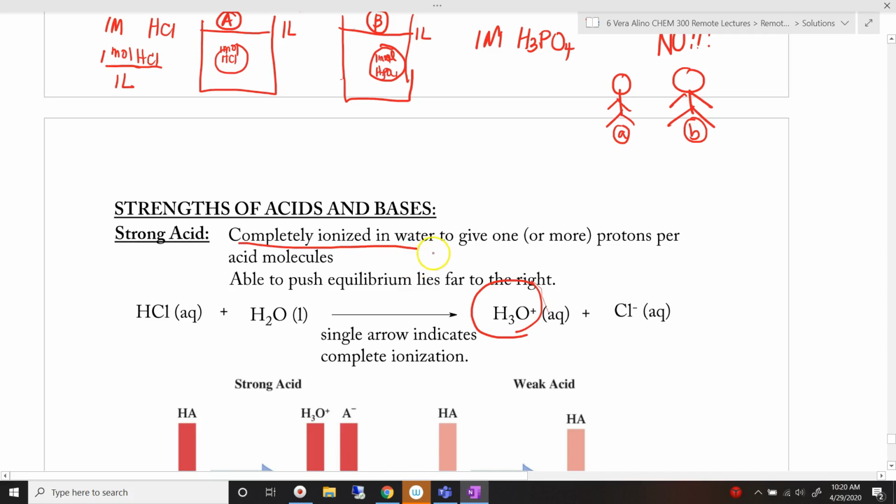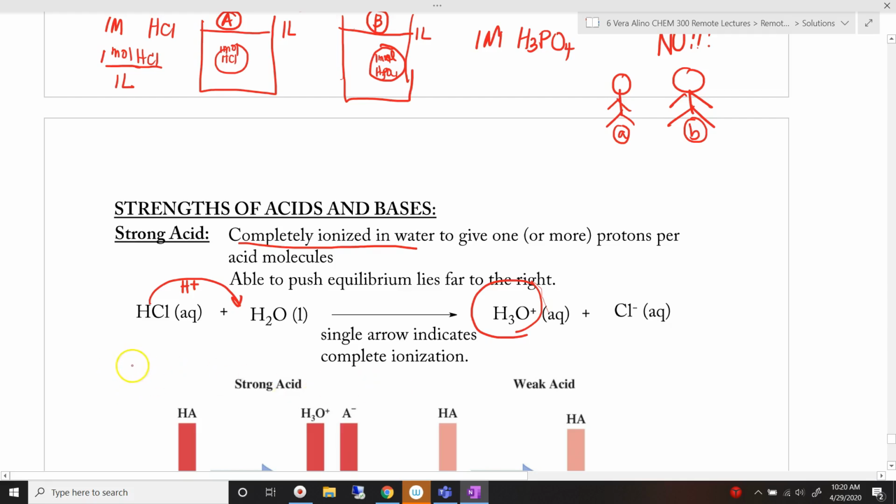So it becomes ionized. When HCl transfers that proton, water becomes hydronium ion, and HCl is now reduced into its chloride form. That's your conjugate base.